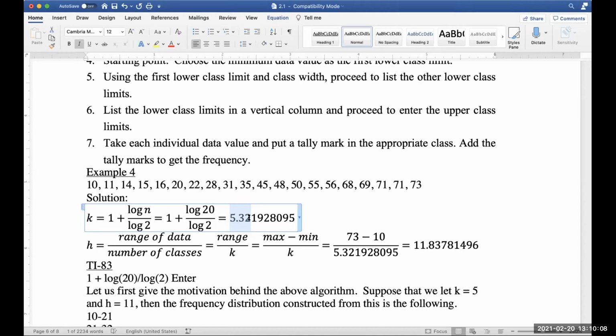So let's think about it for a second. Which is easier: having an additional class, or making the class width bigger or smaller? Well, changing the class width really doesn't affect what we do, but having an additional class is a little bit more work.